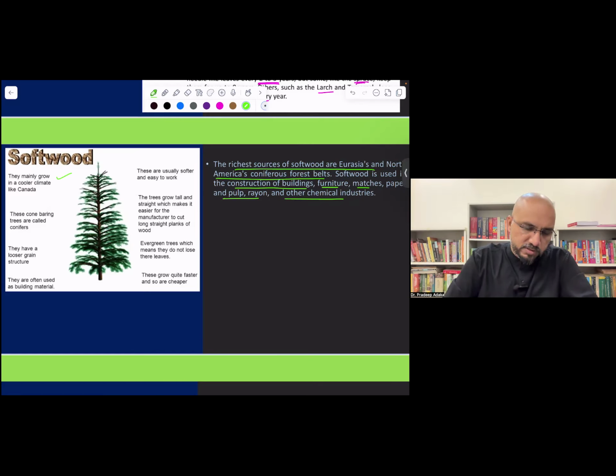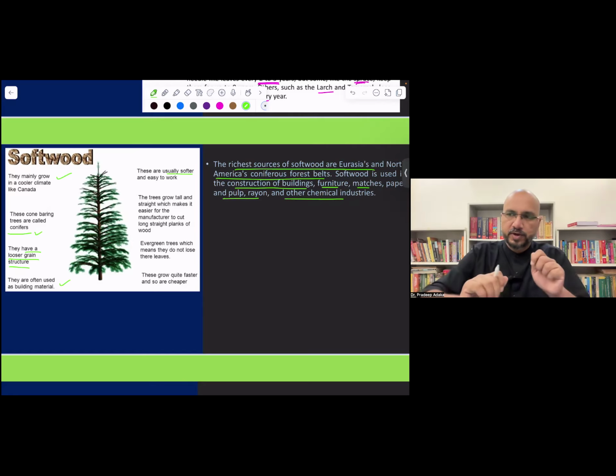They bear cones and have a looser grain structure, so the cellulose fiber is loose compared to hardwood. They are used as building material, for houses and construction. They are usually softer and easily worked, so if you have a chisel and a hammer, you can easily carve it out.